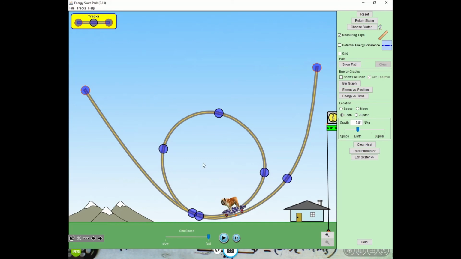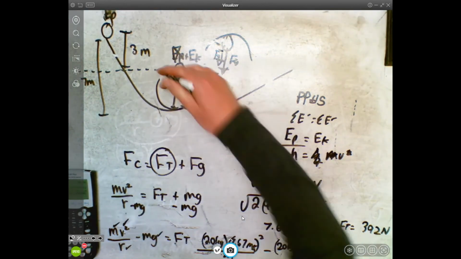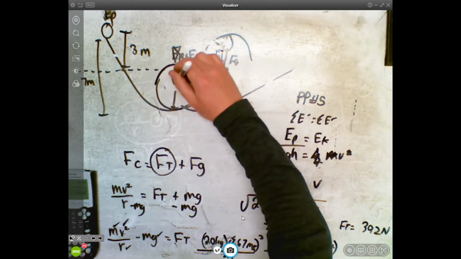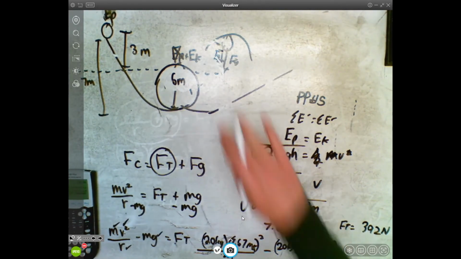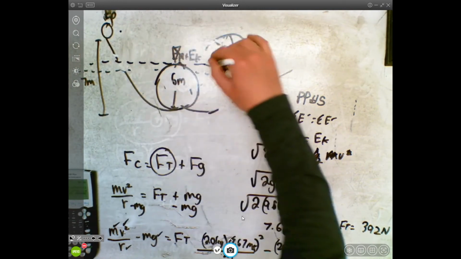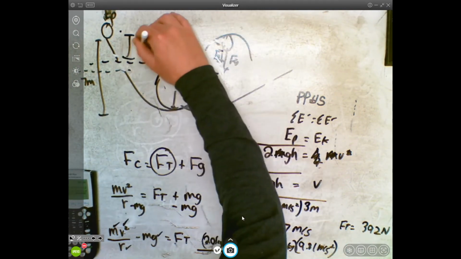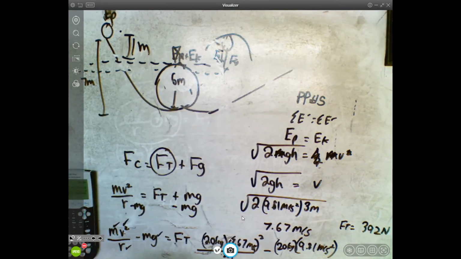And do we think he's going to make the loop this time? Well, let's take a look. If we go back to our equation, what's going to change? All we're changing is making this loop bigger, so it's now 6 meters. Our speed is going to be different, because our reference point is at the bottom, so we're only going to be 1 meter above our reference point to start.